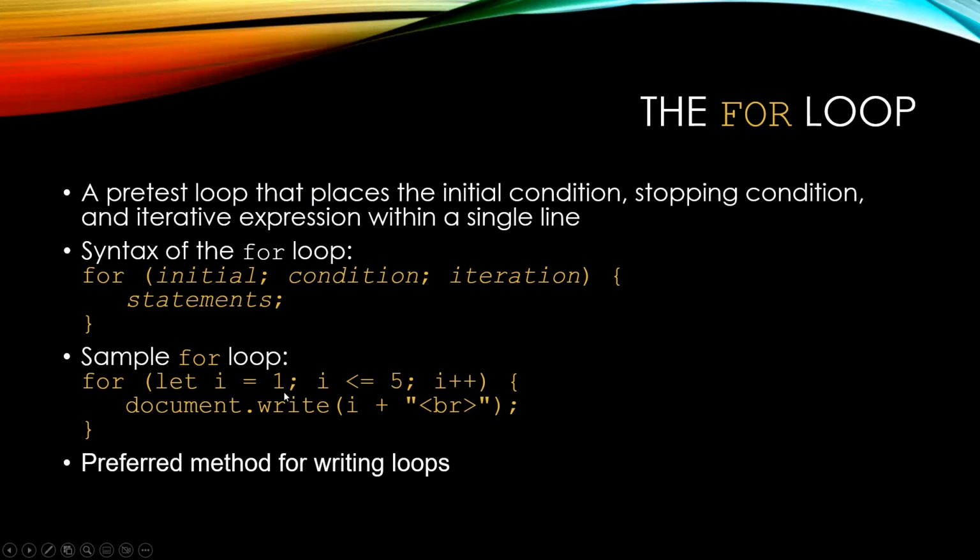So let I equals 1. As long as I is less than or equal to 5, increment I by 1, and then my statements, I say document.write, and then I put things. Your for loop is your preferred method for writing loops. It is a little bit safer when it comes to not being able to create an infinite loop as easily.